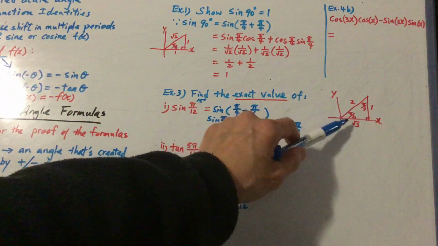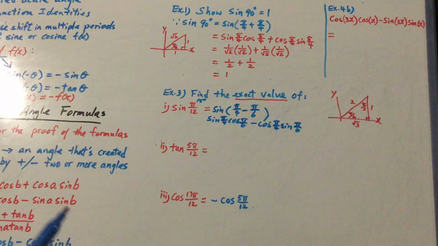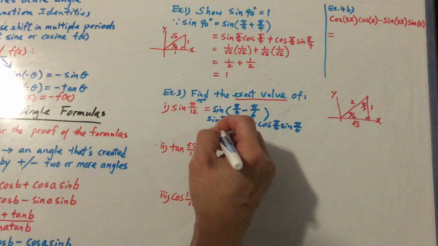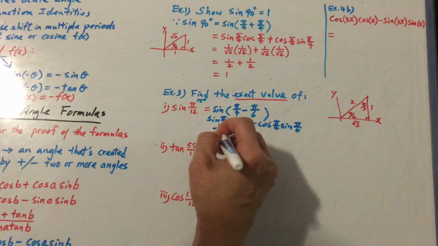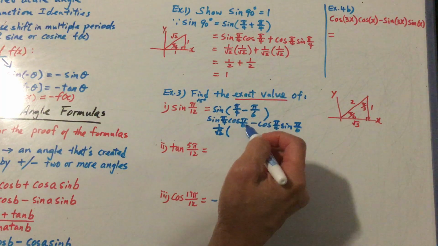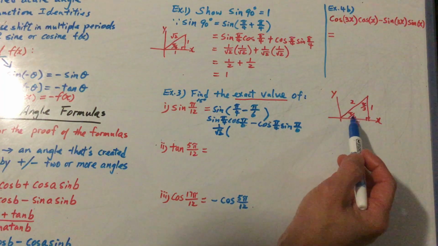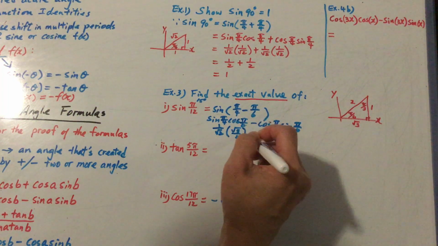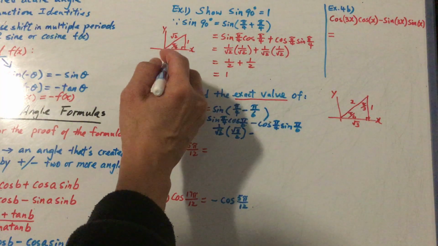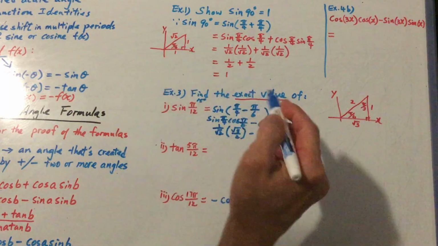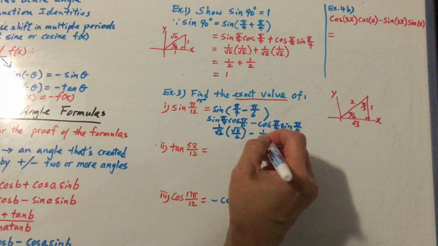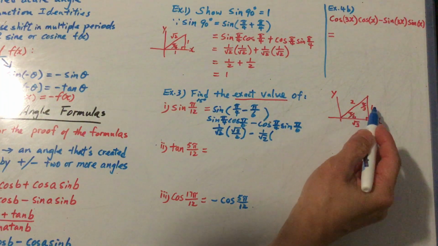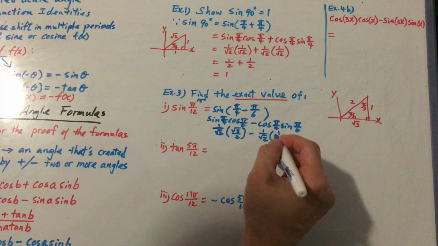So knowing that the sine of pi over 4, looking that up, I know that the exact ratio is going to be 1 over root 2, times the cos of 30. Cos of 30 is root 3 over 2, and then minus the cos of 45, so looking at this diagram, it will be 1 over root 2, and then the sine of 30 is 1 over 2.